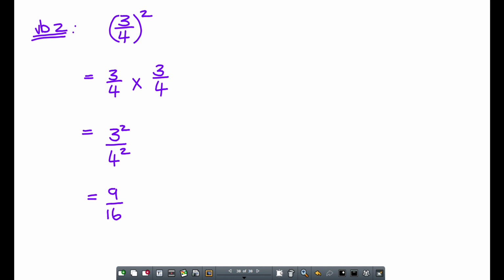Any questions there? So when you write it out, can you write the first step? You can write either one of these two. They're both correct. They're saying the same thing. Yes, it is in simplest form. What can divide into both?